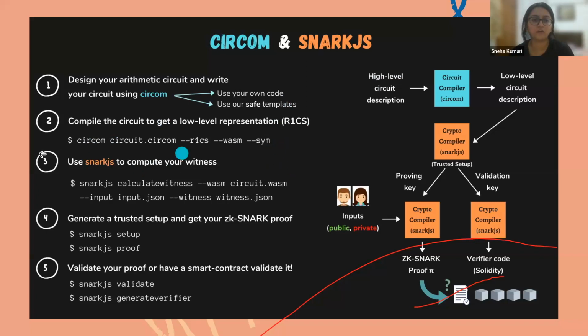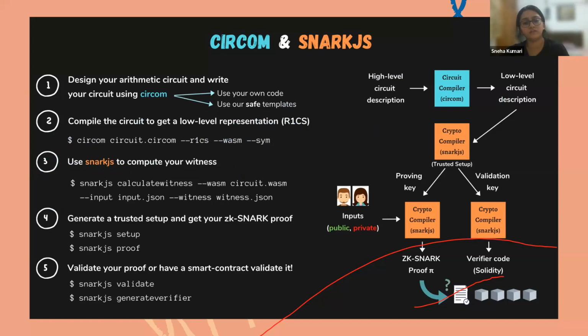The second part is compiling the circuit and getting a low-level representation of it, that is the rank 1 constraint system here. Then we will use snark.js to compute the witness, because what we get as output from circom is a witness, and we'll be using snark.js to compute it. These are the respective commands.